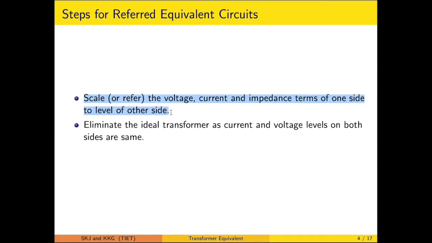Now in this process the currents and voltages come out at the same level, or you can say the voltage and currents are referred to the same level of the parameters, so we can eliminate the ideal transformer.